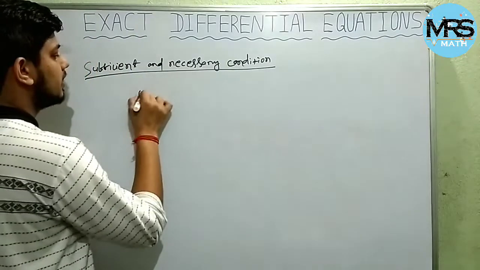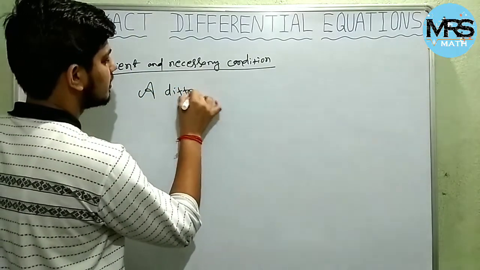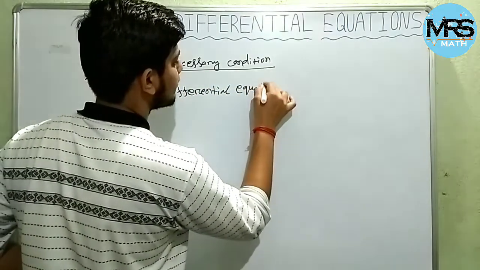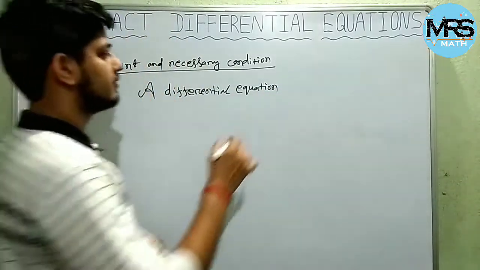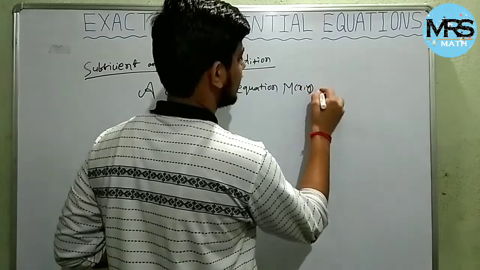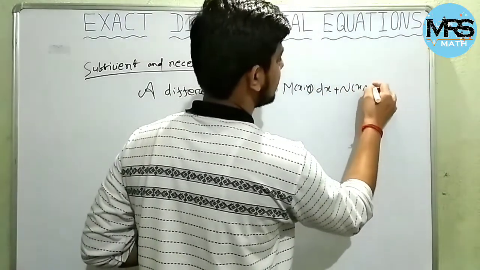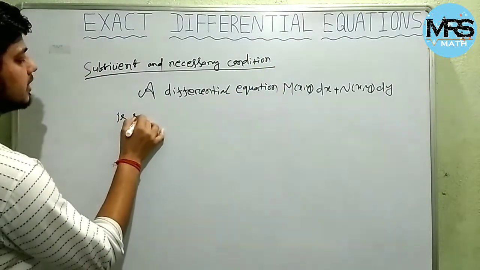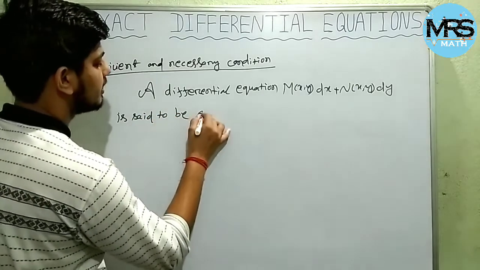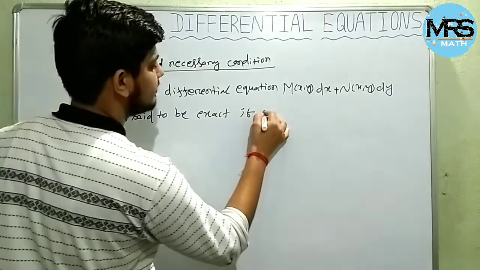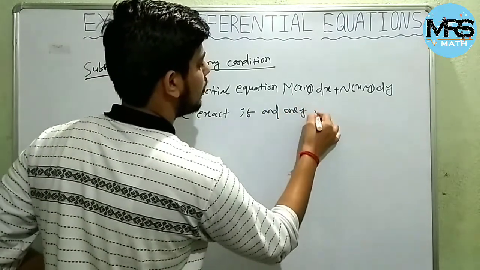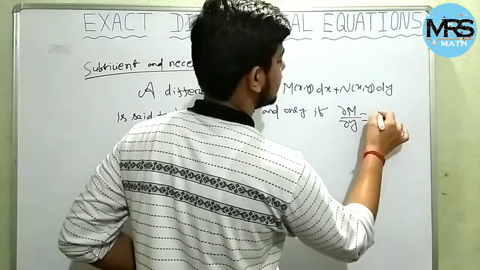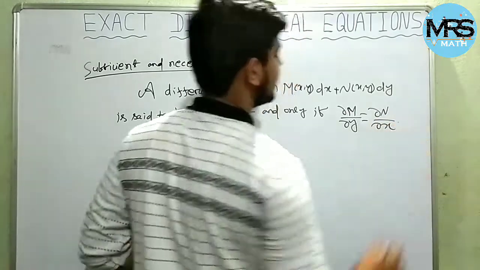Write down: a differential equation M(x, y) dx + N(x, y) dy is said to be exact if and only if ∂M/∂y = ∂N/∂x.